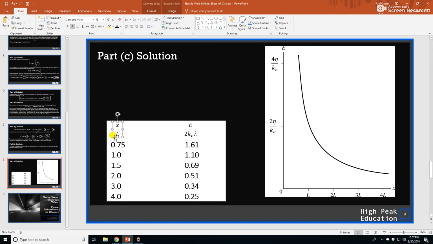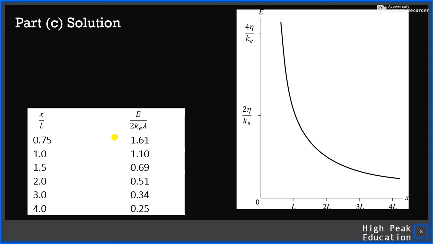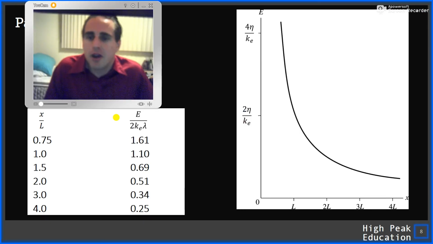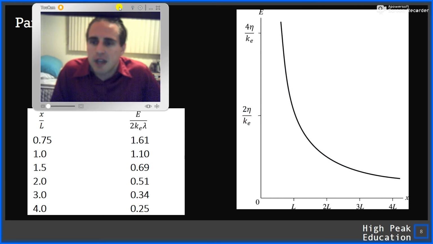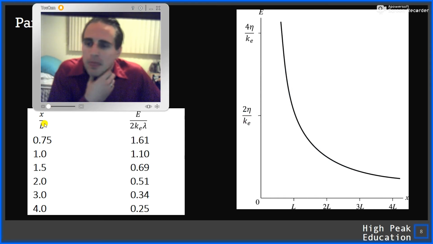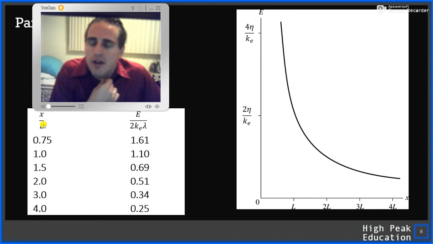Sorry about that. Stand by. Okay, better. So, like I was saying, this is the dimensionless length away from the sheet.